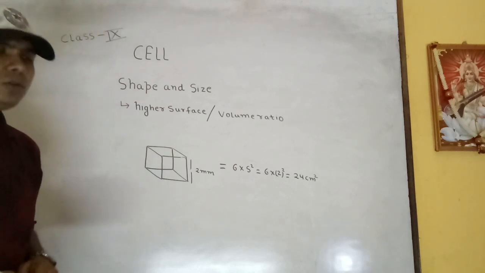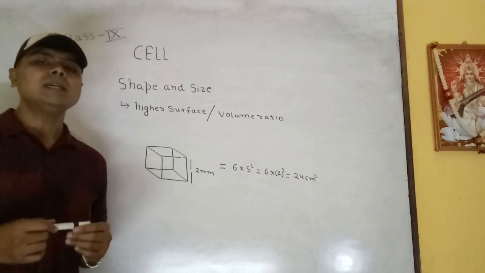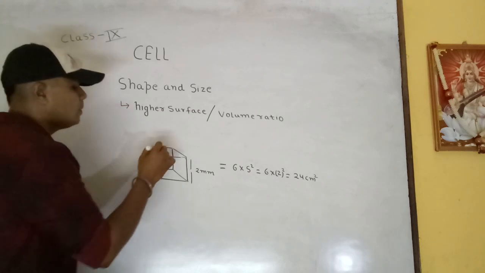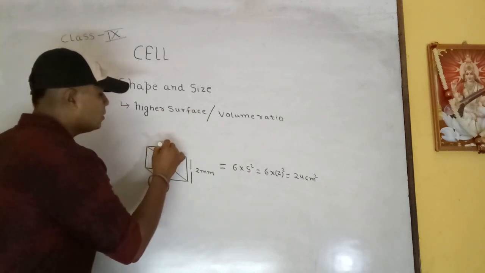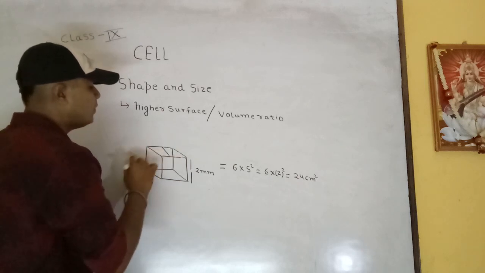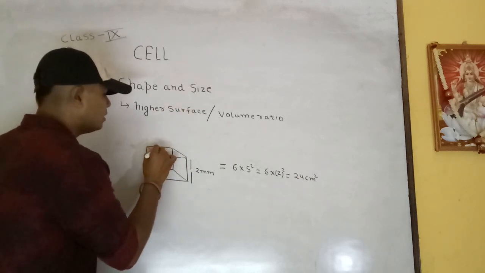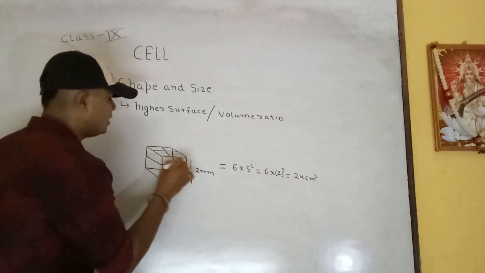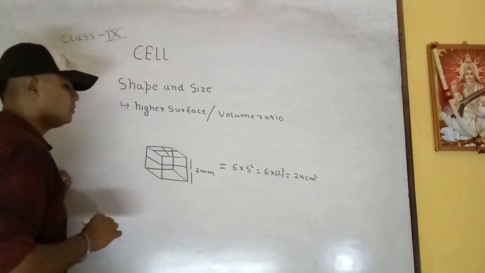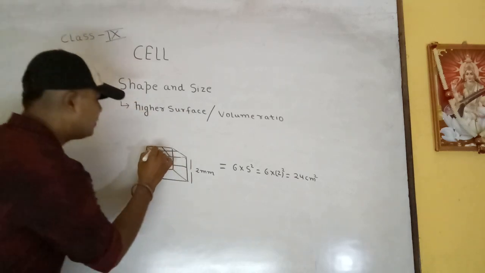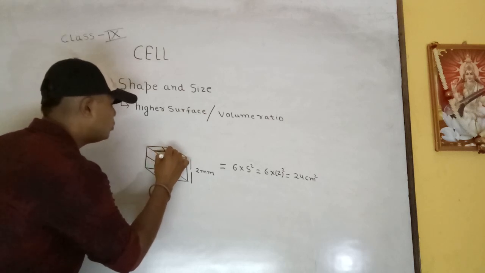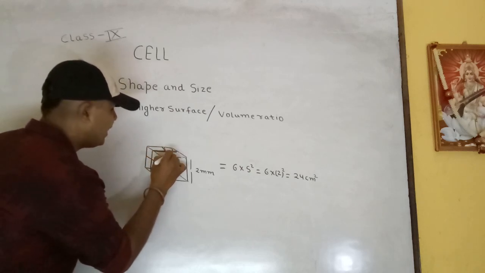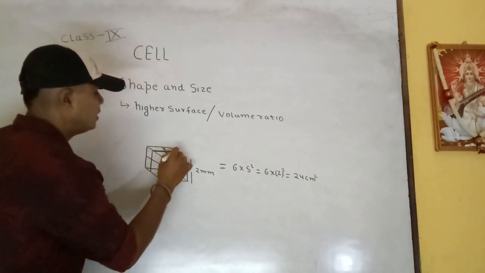Now if we divide the same cube into 8 equal parts, what will be the surface area of all the cubes? For this we have to divide it two times vertically from both sides and once horizontally. That will make it 8 equal cubes.